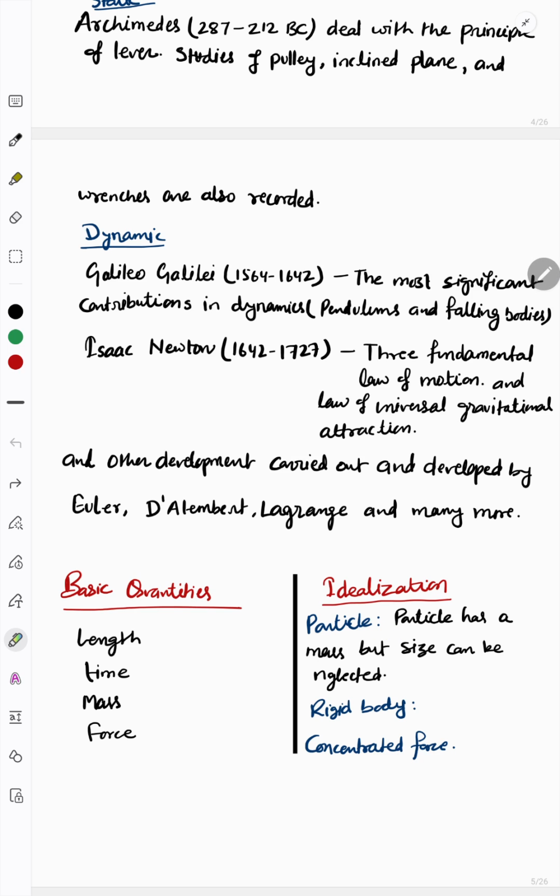If one object is there, generally we say this is a particle, a small particle that we can represent from one dot. A particle has mass but its size can be neglected. Why neglected? When you compare it to a bigger object, a very small object is nothing, so we take the mass of that particle but neglect the size.